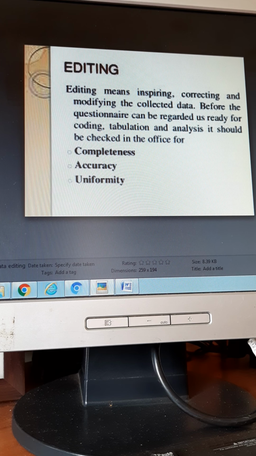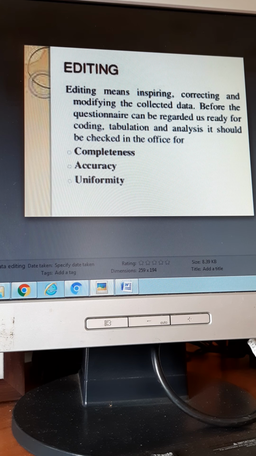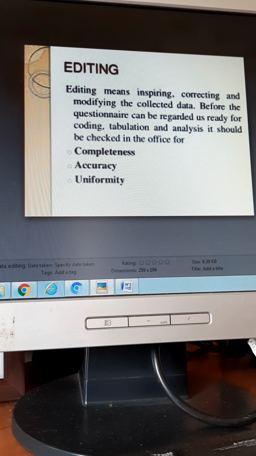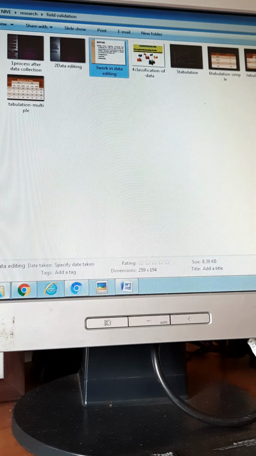So all this they will do from the editing point of view. Some of the questionnaires will be so bad that out of 30 questions, only 5 or 7 will be filled. So in that case, they will reject it. So rejection percentage also will be taken into consideration. So all this will happen after the fieldwork, in editing.